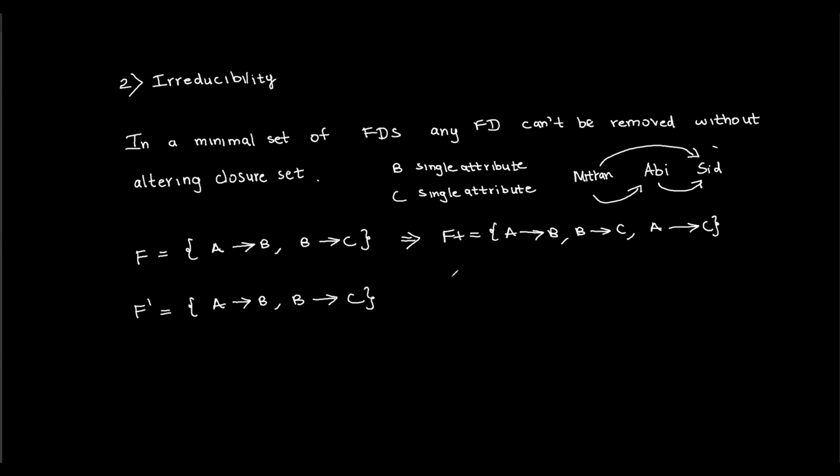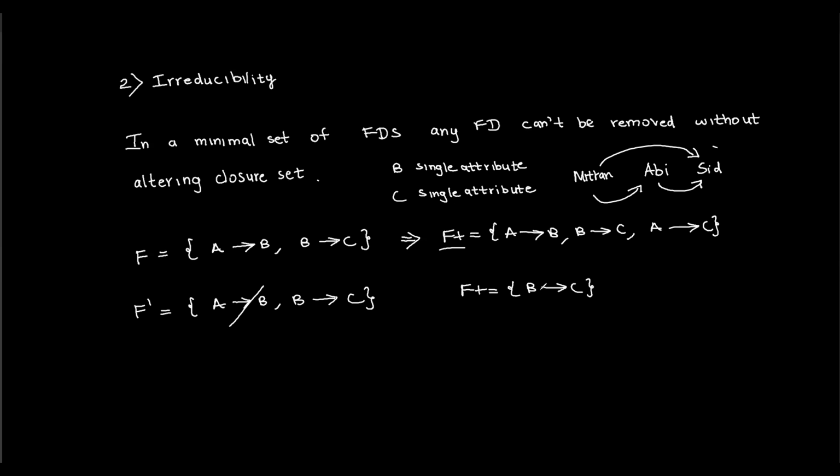So coming back to the topic, F plus is equal to A functionally determines B functionally determines C. By using transitivity of these two functional dependencies, I can say A functionally determines C. If I remove any one of these, it can be this or this. Let's first of all remove this. If I remove this, what will be F plus? Well, F plus will be B functionally determines C. Why is that?